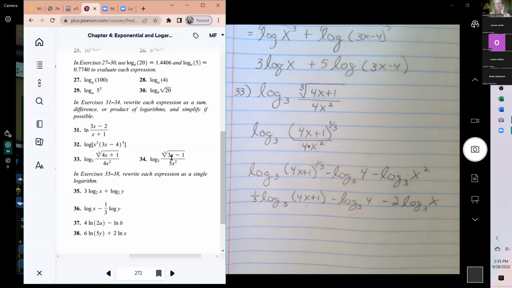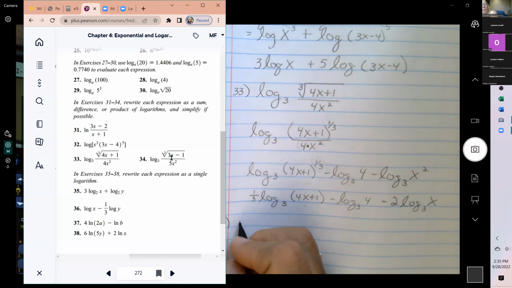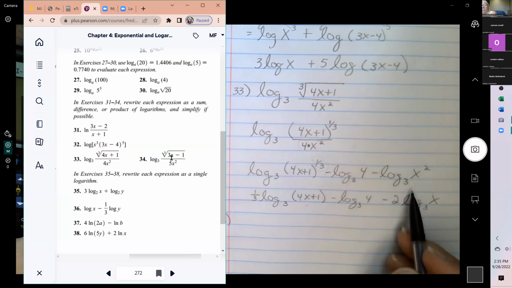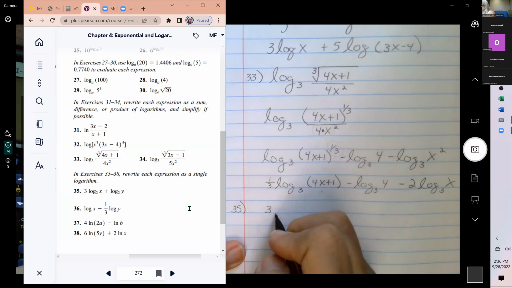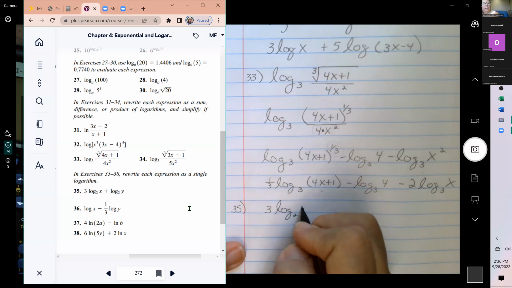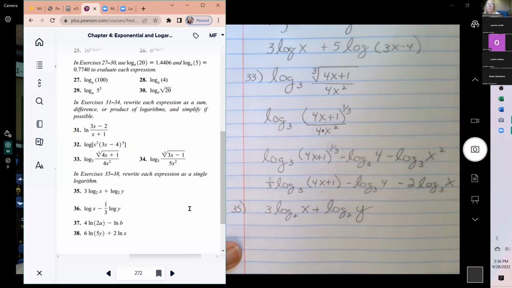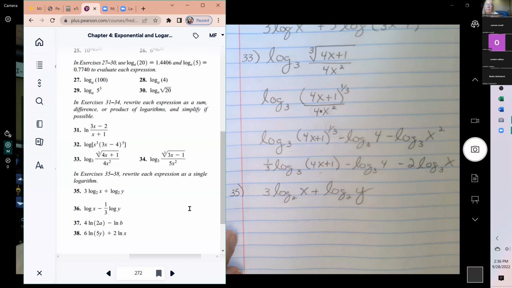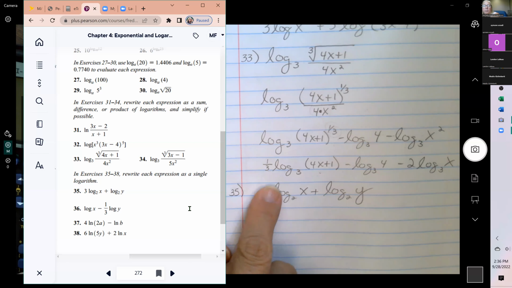34 is the exact same. 35 is taking the ones that are broken up and bringing them together, writing them as a single logarithm. So we have 3 log base 2 of x plus log base 2 of y. Before you can combine them, if there's a number in front, it needs to go to the exponent. So you're just working backwards.